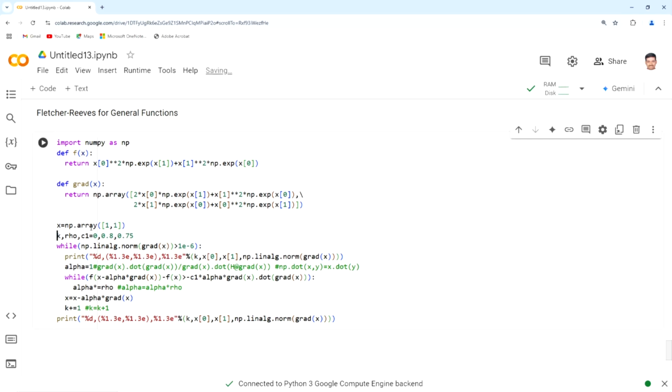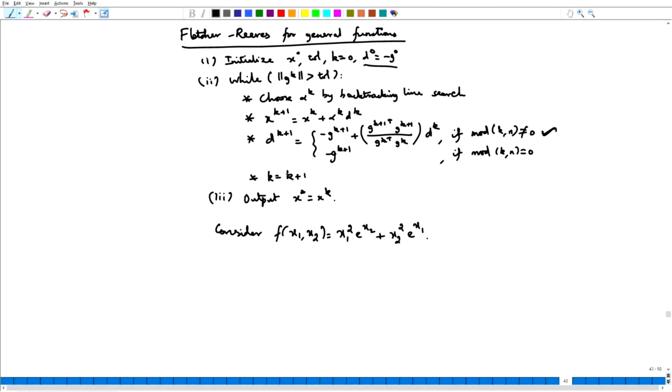And I am just choosing 1 comma 1 as we did for the gradient descent algorithm as well, and the values of k, rho and C1 are exactly the same. And the condition is the same. So, we are just implementing this.